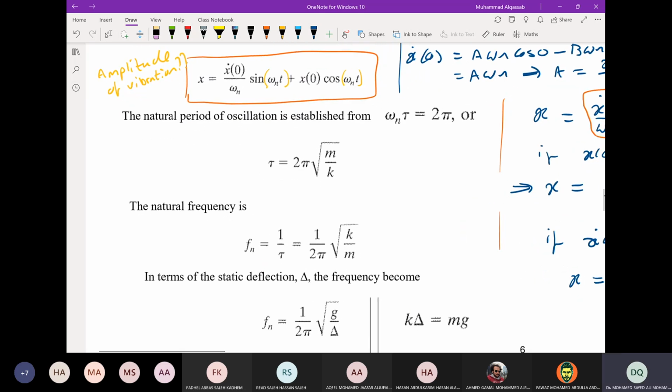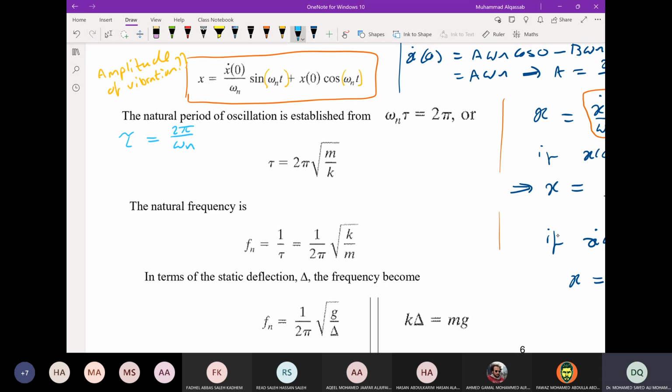From this equation omega n tau equal to 2 pi, you can write tau equal to 2 pi over omega n. In chapter 1, this was the final equation, because omega was given as a number. Here, omega n is given as an expression, a function of the system parameters, which are k and m. So you can substitute for omega n, then you get tau equal to 2 pi square root of m over k.